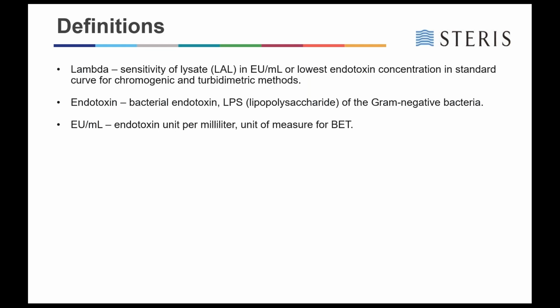What unit can be used to quantify endotoxins? Very important unit is given here, which is EU per milliliter, so an endotoxin unit per milliliter, which is one international unit that is used to measure BET.